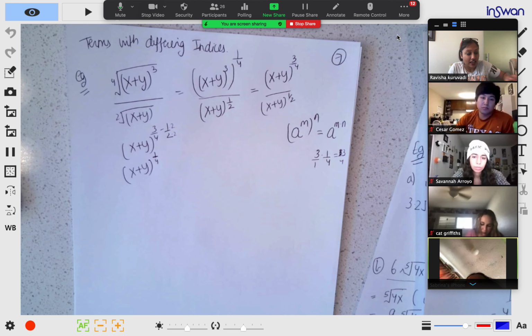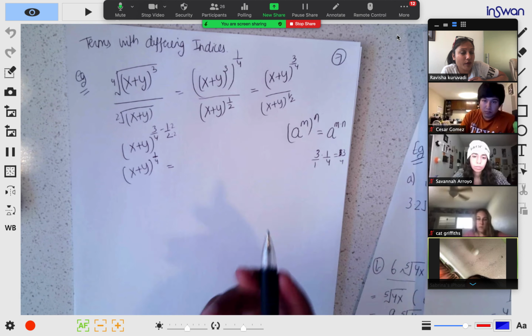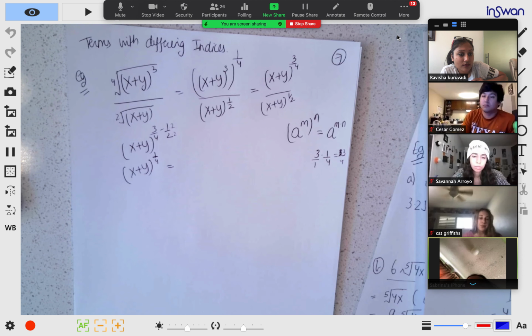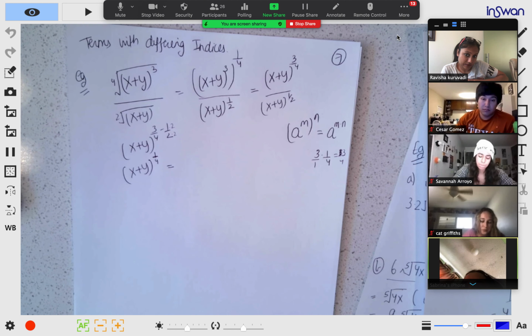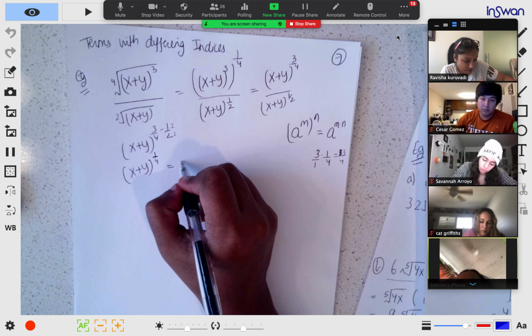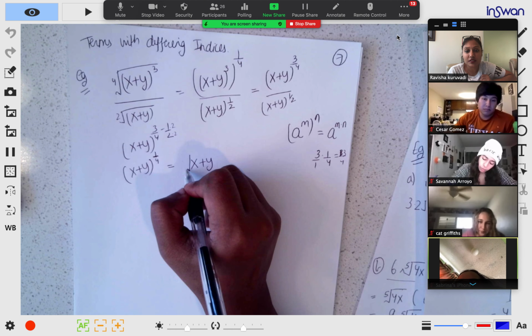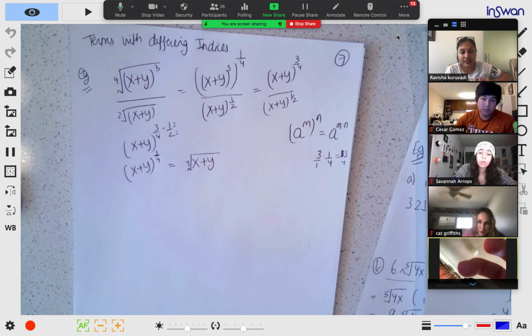Yeah, the denominator is the same. If I have to write it back in radical form, how do I write it? In radical form, it would be x plus y with the 4th root. Perfect, Sabrina.